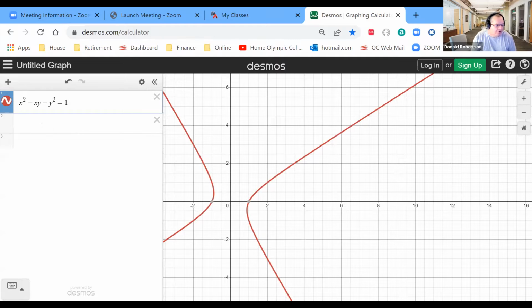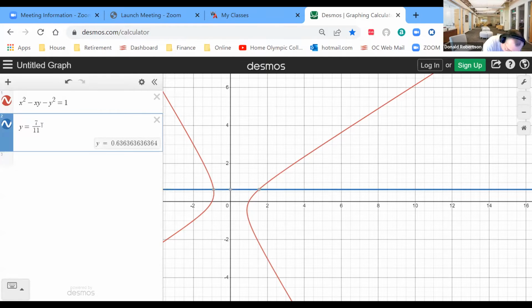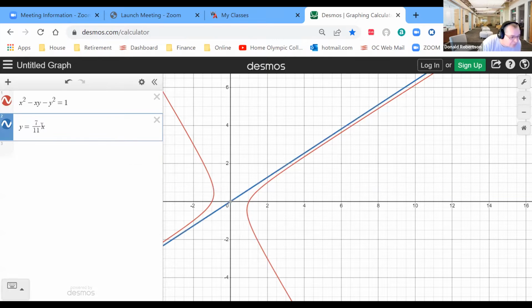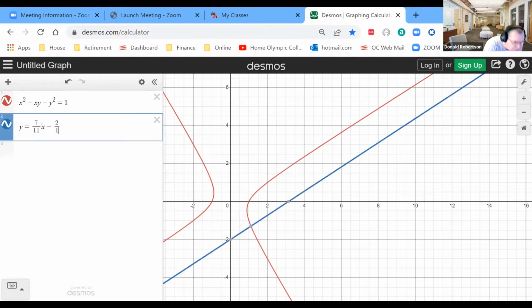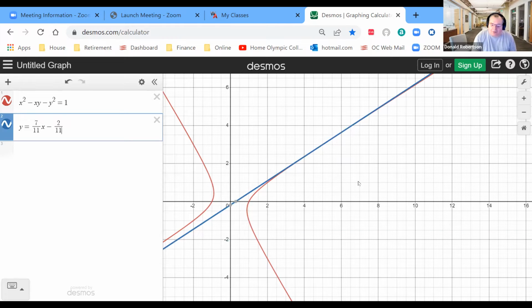Nice tangent line guy. So provided I didn't screw up in my math, which has been known to happen. Oh, am I good or am I good? Would you agree it's a tangent line?